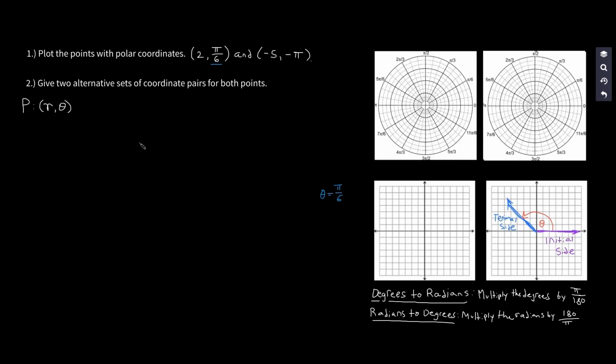Let's say that we want to convert pi over 6 to degrees, just to better conceptualize this. Then we're going to do pi over 6 times 180 over pi.